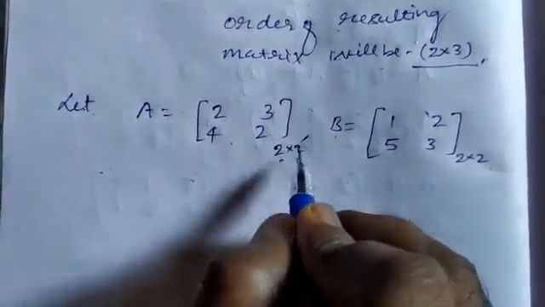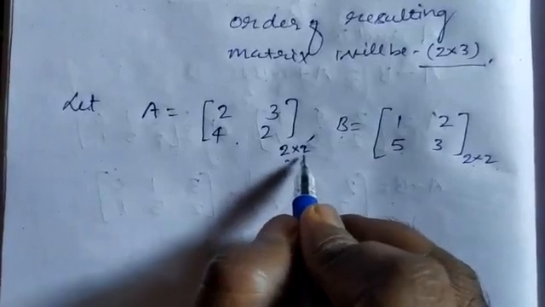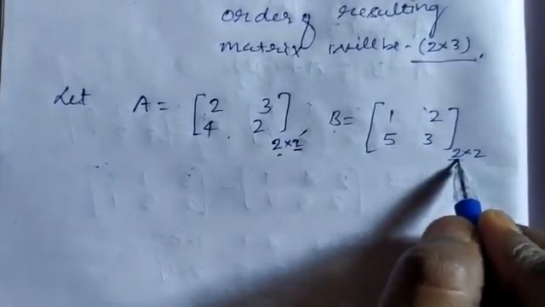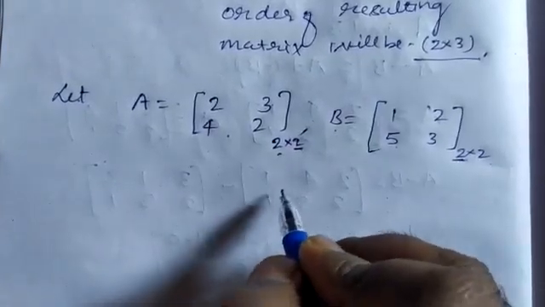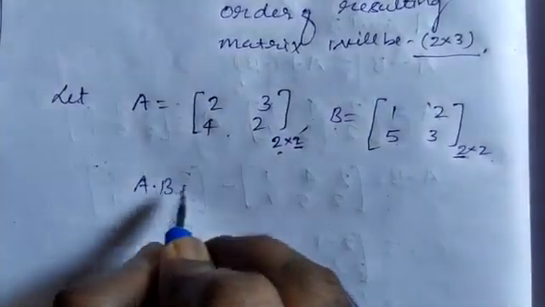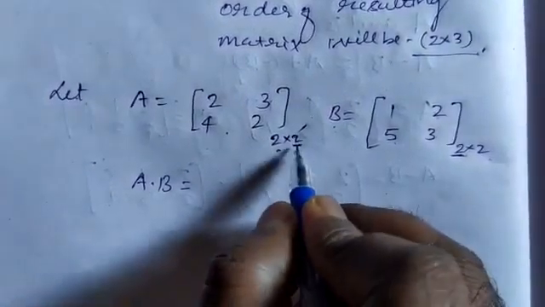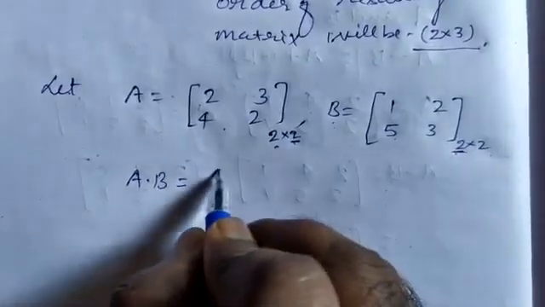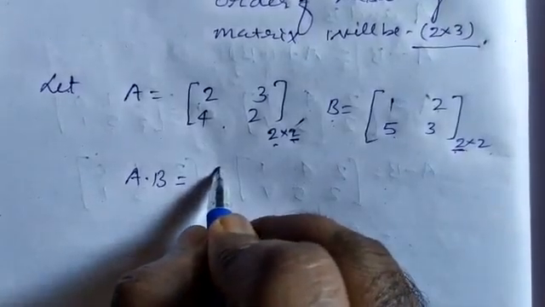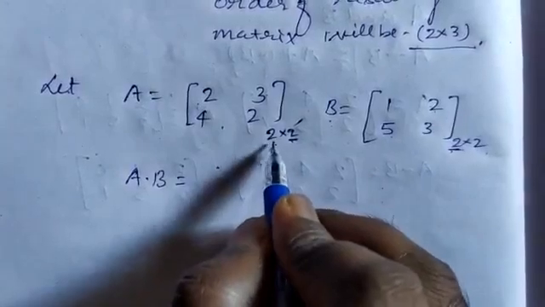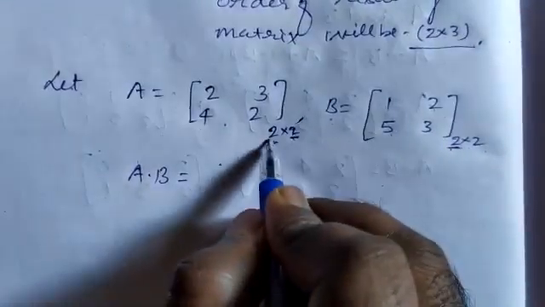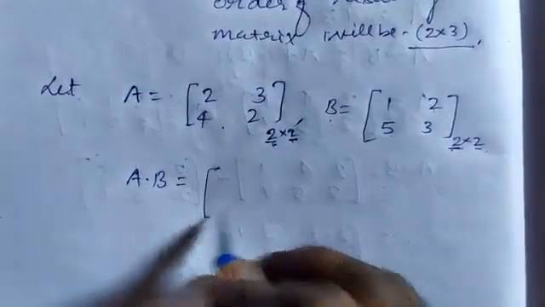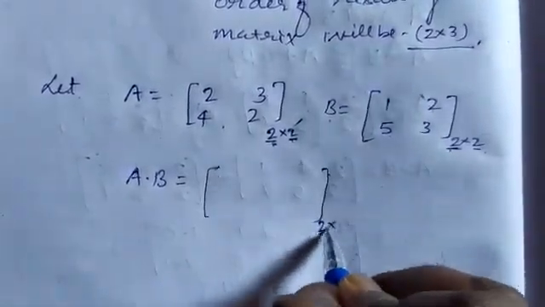To check this, we have to see that the number of columns in the first is equal to the number of rows in the second. To find the value of A into B, this is possible because the number of columns is equal to the number of rows. The order of the resulting matrix will also be 2 by 2 because the first is 2 and the last is 2.